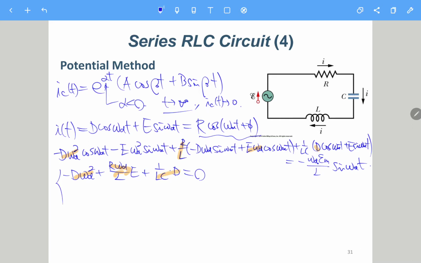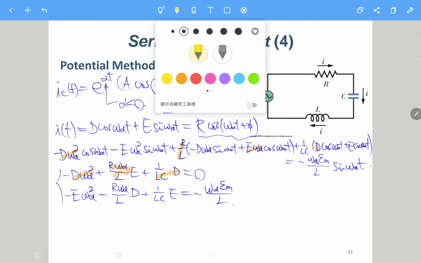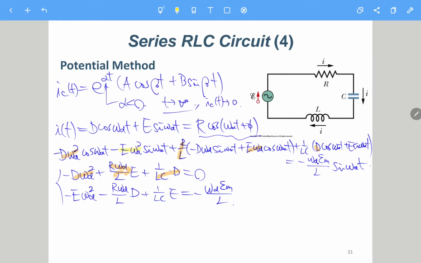And next is negative E omega d squared minus R omega d over L times D plus 1 over LC times E to be negative omega d Em over L. So this one is here, this one is here, this one is here, and of course this one is this one.